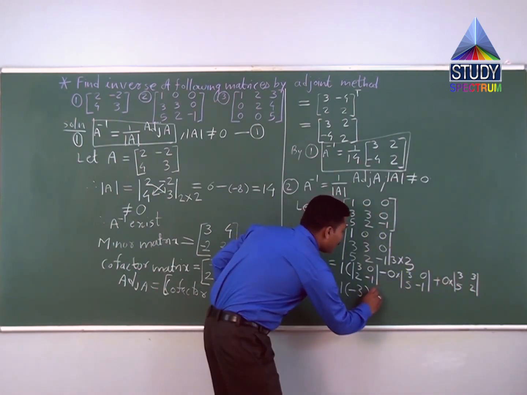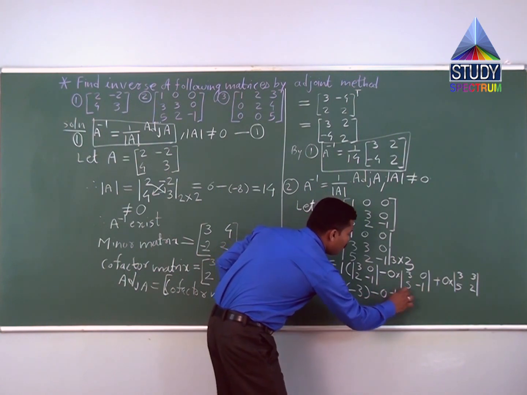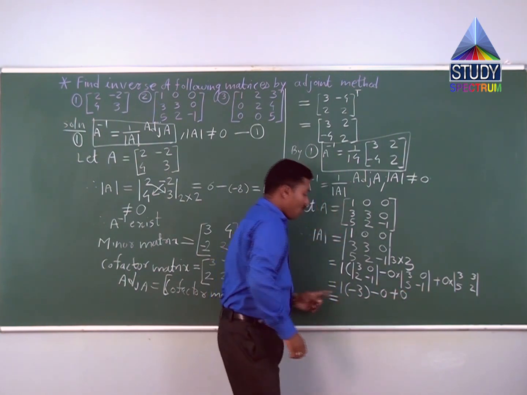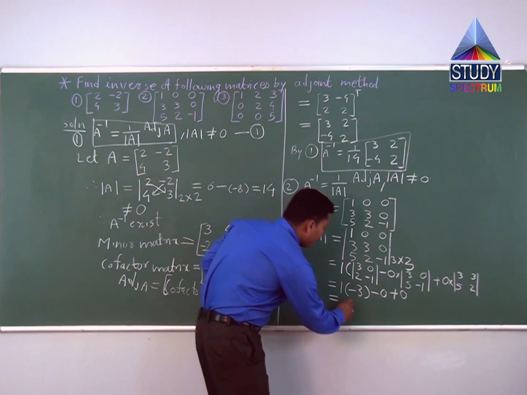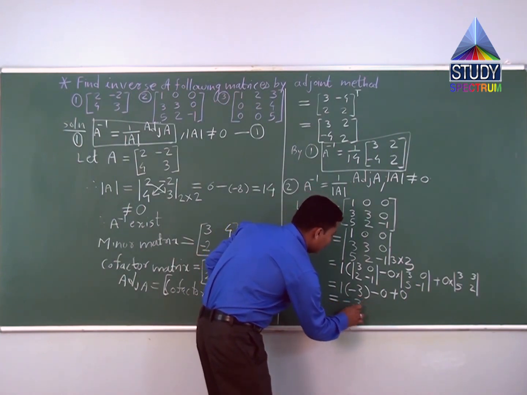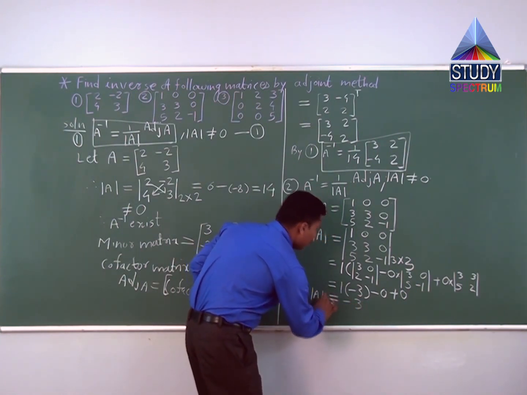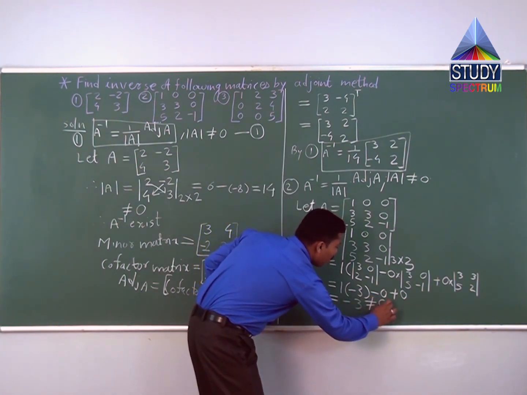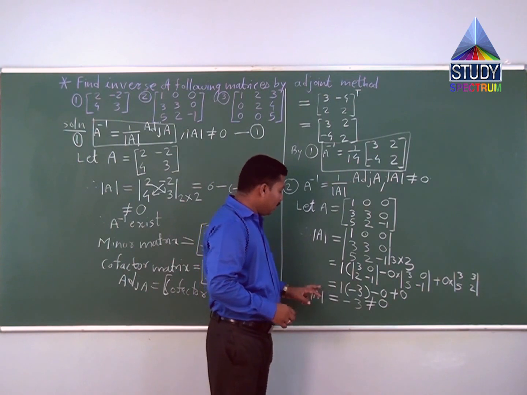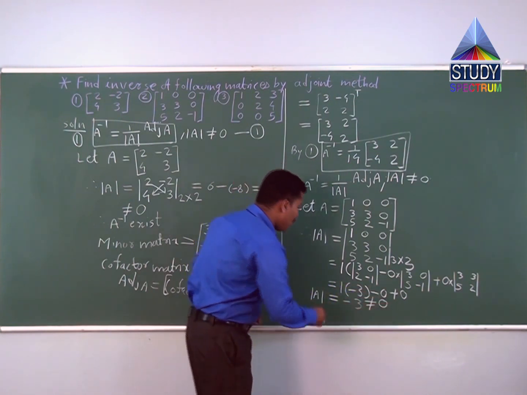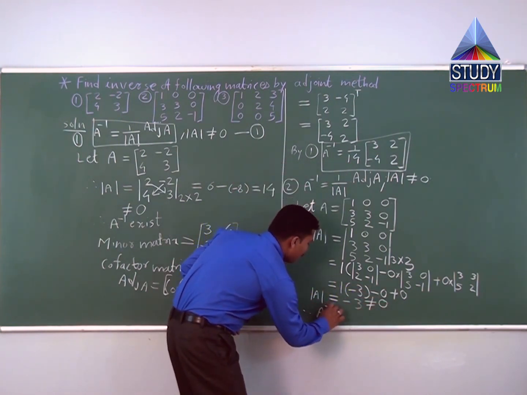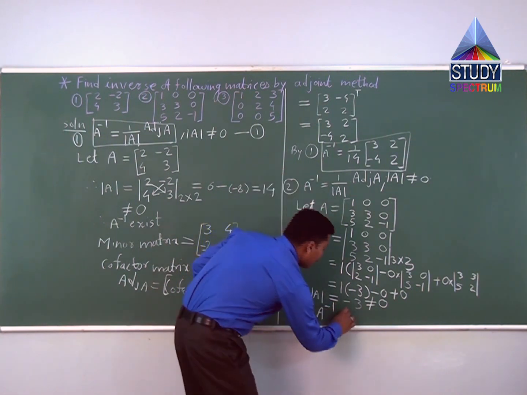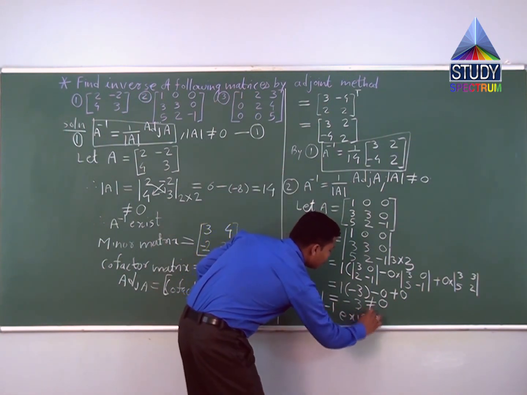So only here is minus 0 plus 0, so equal to 1 into minus 3, minus 3. So determinant of A equal to minus 3, not equal to 0, non-zero. Determinant is non-zero and therefore A inverse exists.